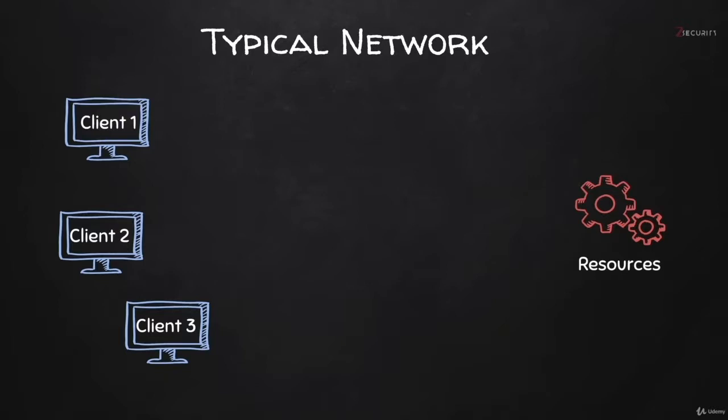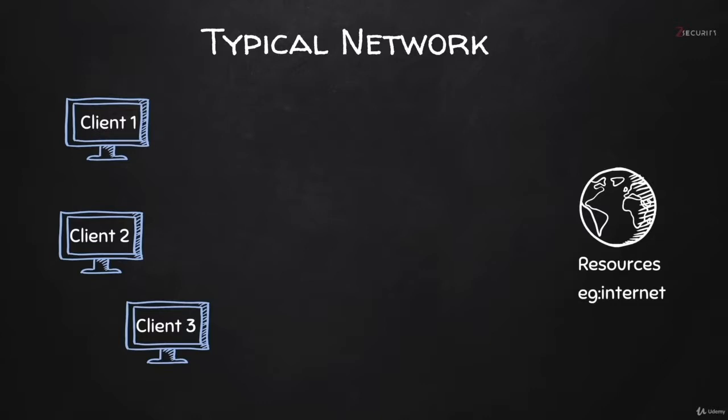A really good example of a resource that we all connect to networks to access is the internet. So we connect to Wi-Fi networks and even wired networks all the time just to access the internet. Now, all networks, whether Wi-Fi or wired, work on the same principle.